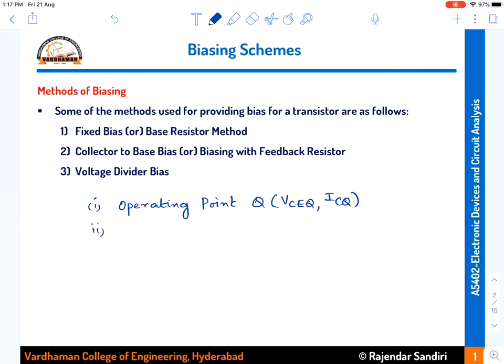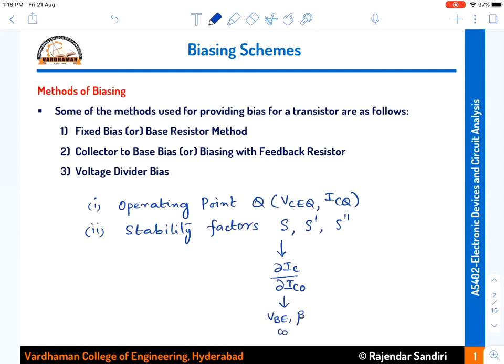The second thing we want to calculate is the stability factors. Stability factors are three: S, S dash, S double dash. S is the variation of IC with respect to ICO, that is, dou IC by dou ICO, keeping the remaining parameters VBE and beta constant.